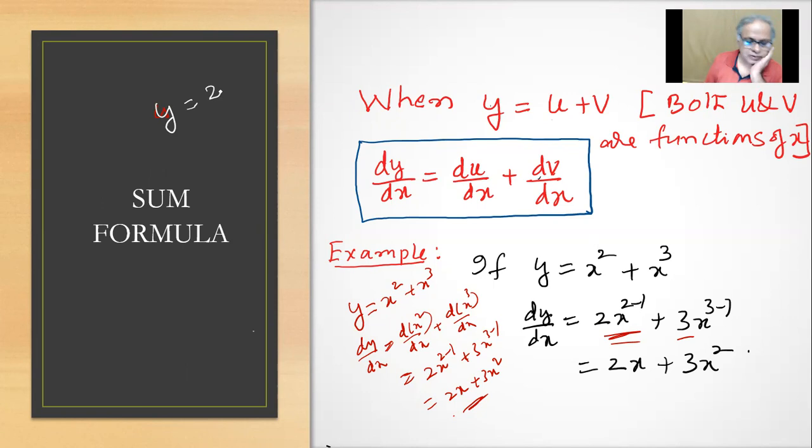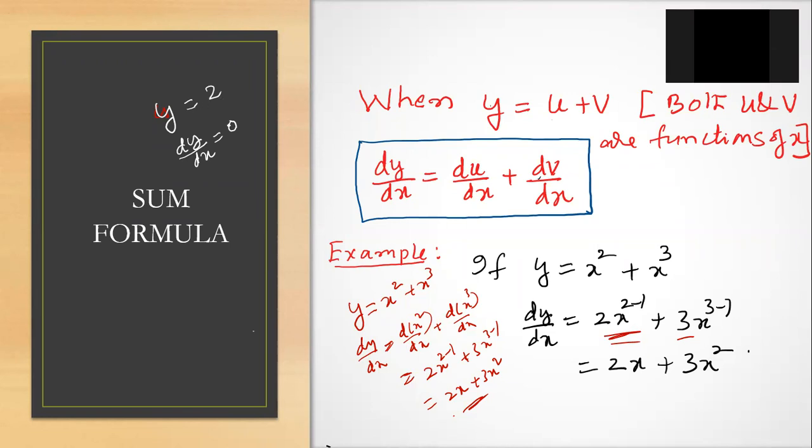What will be dy by dx? This is a constant. Y is a function of x, right? That means as x keeps changing, y keeps changing. But we are saying y is not changing, y is 2. So there's nothing like causing a change in x and bringing a change in y, right? So for a constant, dy by dx is 0.